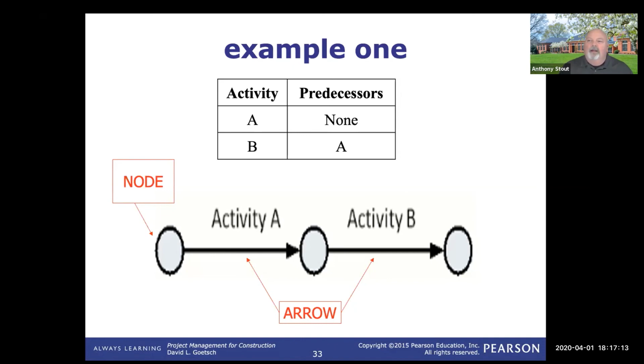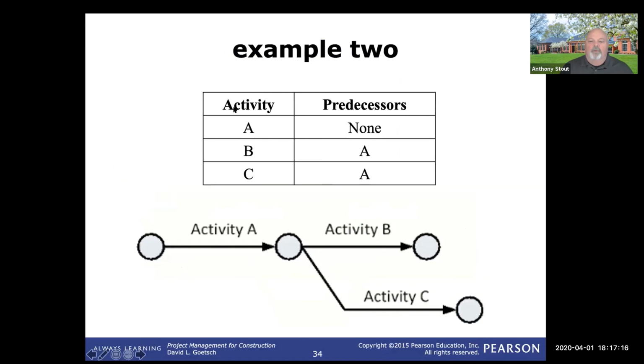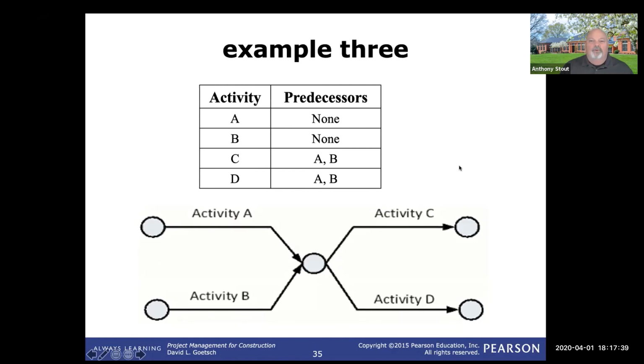So now we can get a little more complex. Here's one with three activities, but both of them have a predecessor of activity A. So now you see in this diagram, we have the node, activity A, the node, and then activity B is done after A, and C is done after A. Here's one that shows where we have A and B, C and D, and then you have both A and B. So this one's a little more complicated, but the key is, when you're looking at it, draw A and then figure out what needs to be done before that.